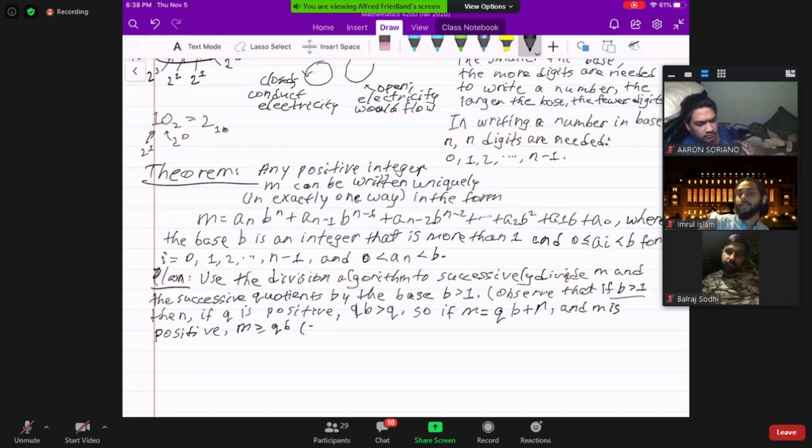Why is that? Since the remainder R could be 0, but it's definitely less than the divisor b. So if m equals qb plus r, then m is at least qb. It might be more if r is more than 0, but r could be 0.